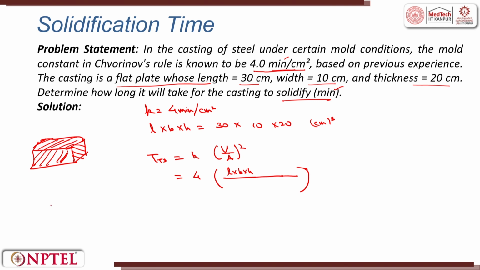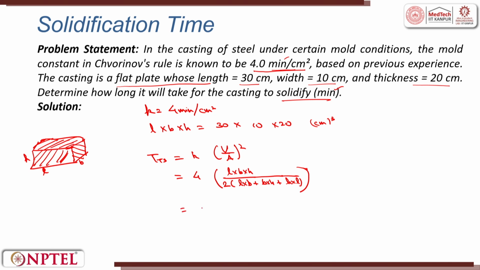All the surface areas. That means we have the surface area in both the directions, the total surface area. If I say this is height, this is length and this is breadth, so this becomes 2 times length into breadth plus breadth into height plus height into length.